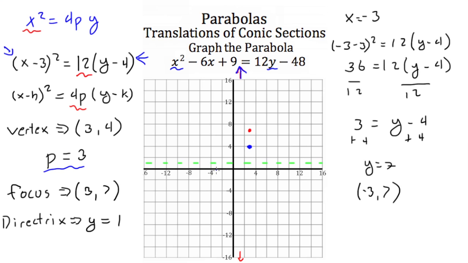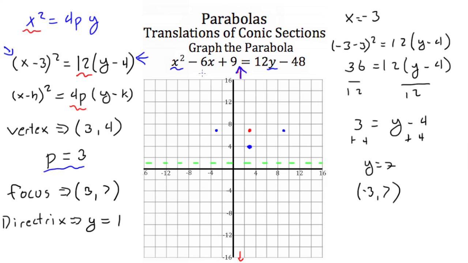That point is right about here. Now, since my parabola is symmetrical across the vertex and the focus, that would mean I would have another point right here at 9, 7.